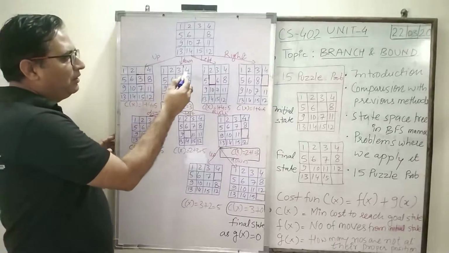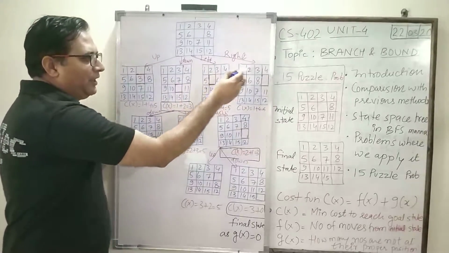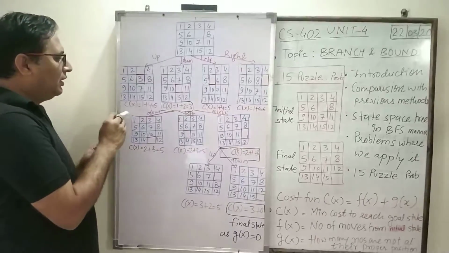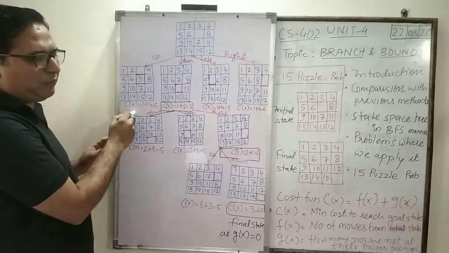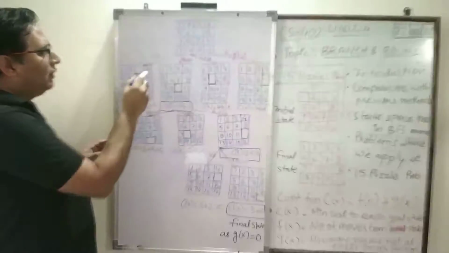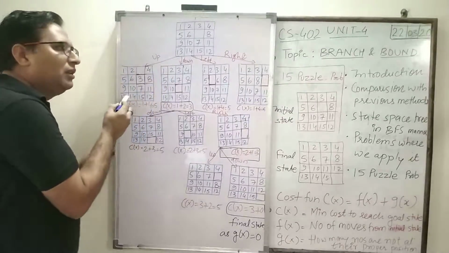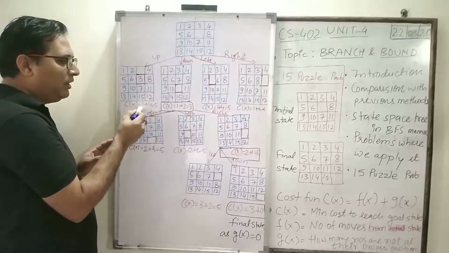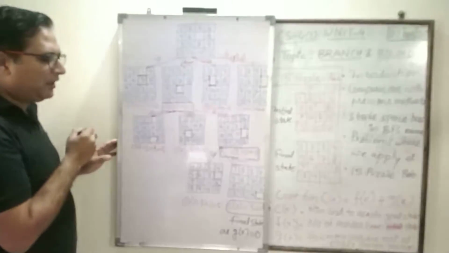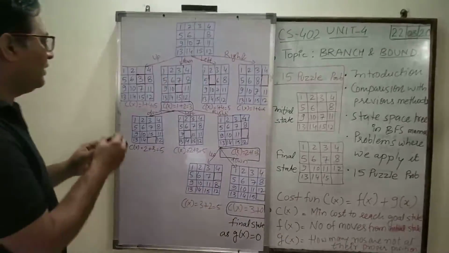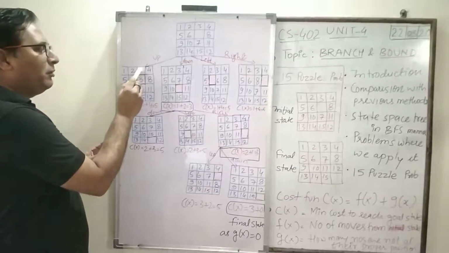In a similar way, down, left and right. For this up movement, we will calculate the cost. Here C of x equals f of x plus g of x. You can see that coming from this step to this step, we have taken the up movement. So how many movements? 1 movement. Then we will calculate g of x. What is g of x? How many numbers are not at their proper position? You can see 1, 2, 3 are not at their proper position.